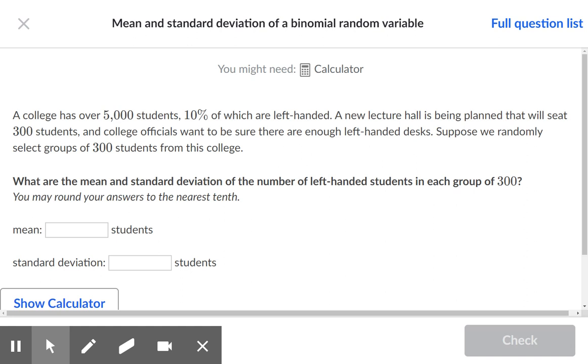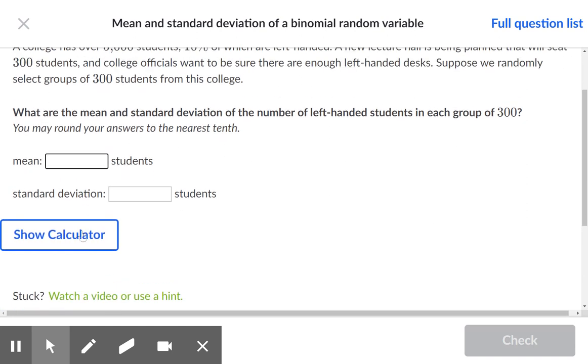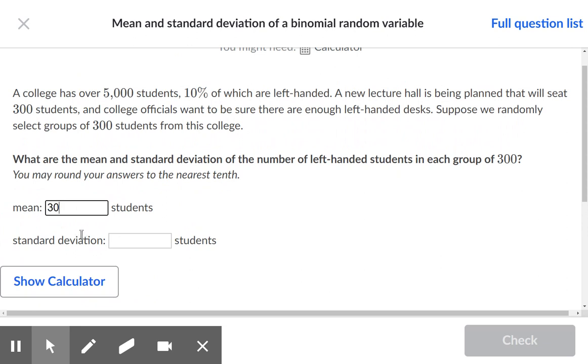So for the mean here, it's 300 times 0.1. Okay, 30, right? My mean is 30. So what does that mean?